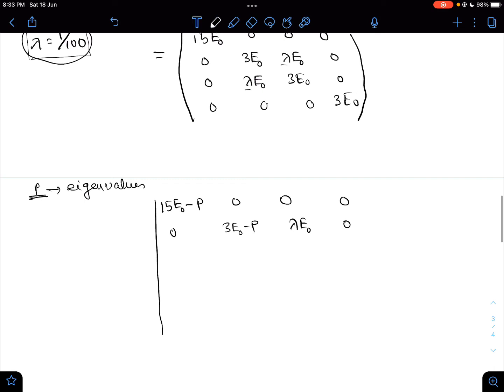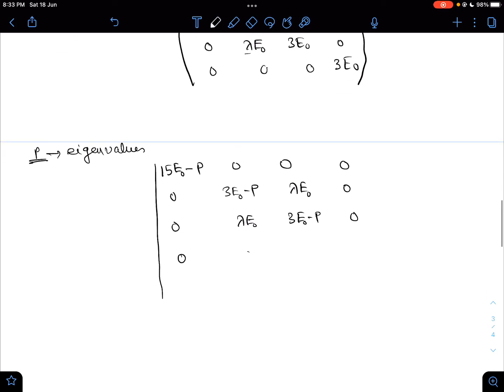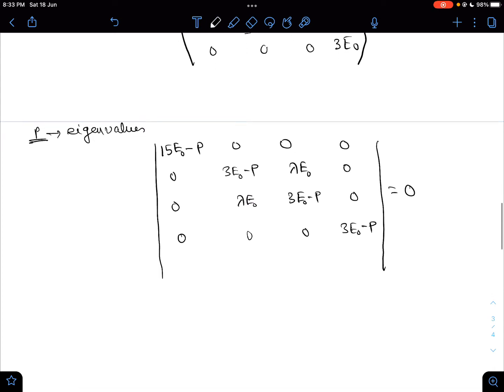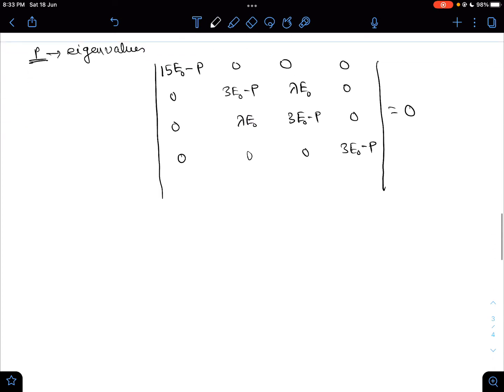And here we have 3E0 minus P, and in the last row we have 3E0 minus P. So this is the secular equation or characteristic equation which we have to solve.